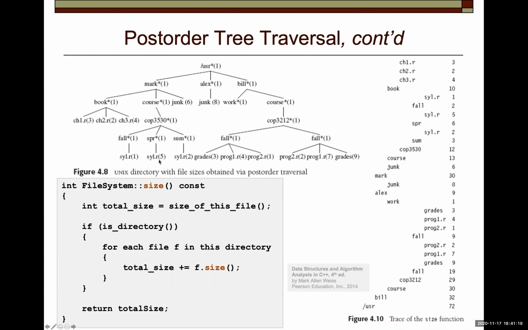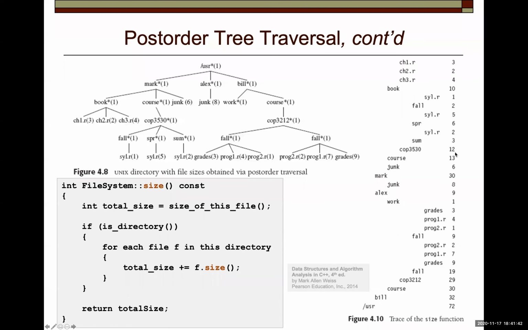Then we come and visit here. This would be 5 and 1 is 6. So SPR is 6. Here's 2 and 1 is 3. So here's the 3 for sum. And then, of course, all of those sizes are added up to COP 3530, and we get 12.